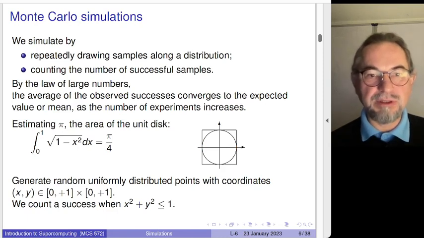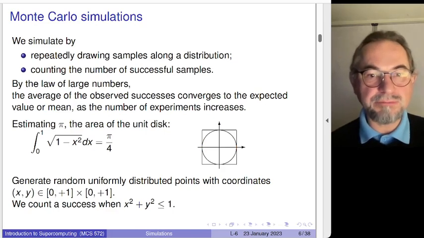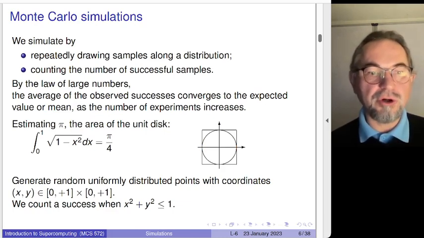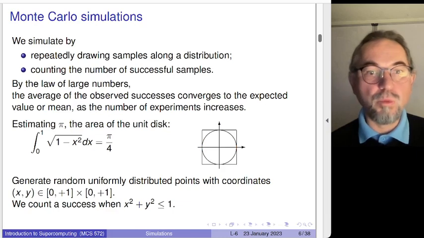So the random numbers will be uniformly distributed in the first quadrant. And we check for every randomly generated point whether it belongs to the circle. And that is counted as a success. So the number of successes over the total number of samples will approximate pi.